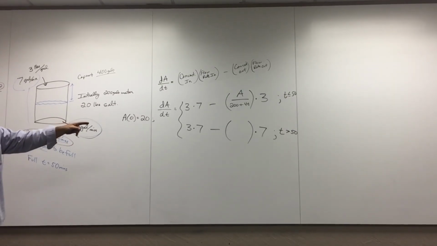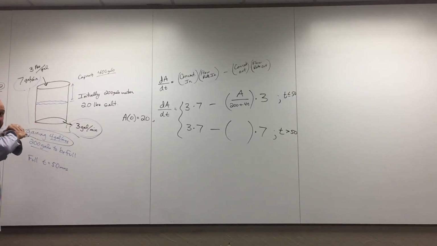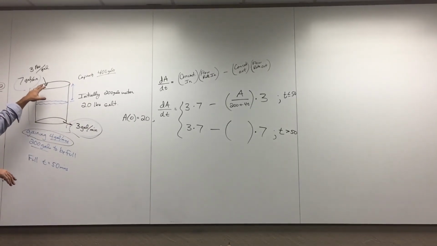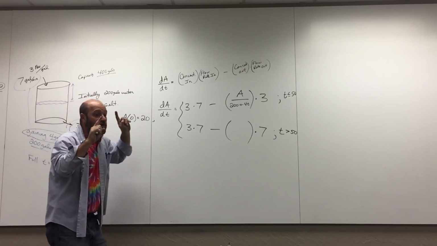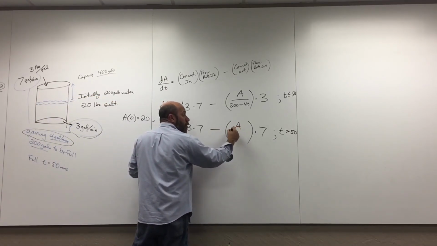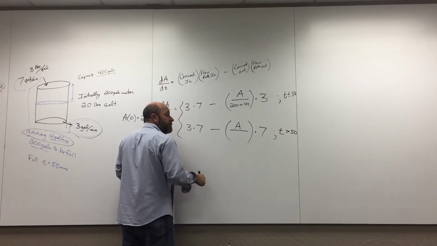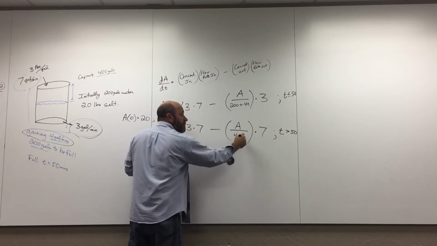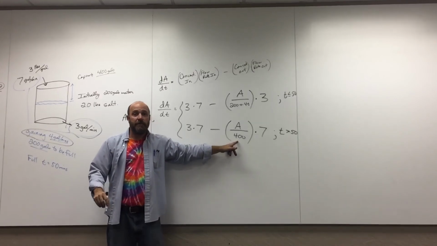This is pretty cool because this is easier. Since it is remaining at the same level of 400 gallons, the concentration in the tank is an unknown amount of salt over 400. It's not changing now.